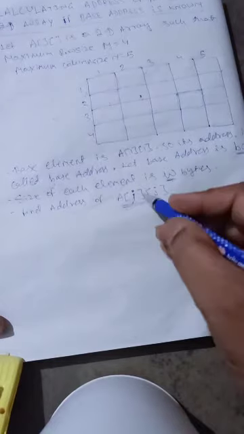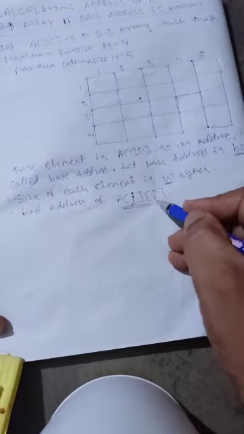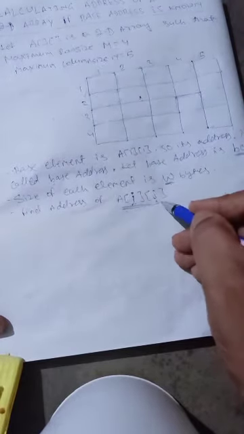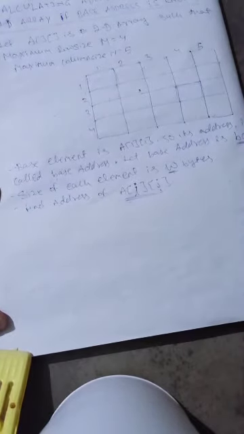Now let us try to find a formula to get the address of the ij element, in the ith row and jth column. We have two types of addressing scheme: one is row major, one is column major.